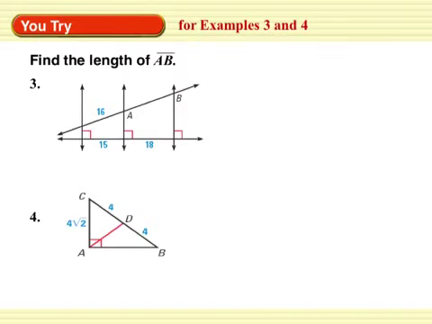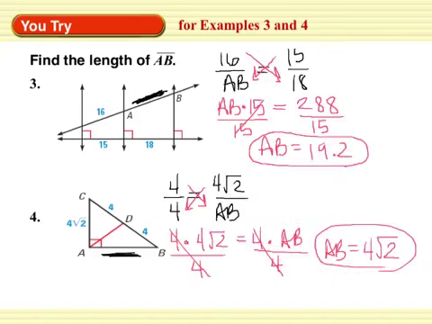You try. Find the length of AB. Okay, we don't have to add anything together this time. AB is that one. Go ahead and push pause and try this on your own. Okay, there we go. In this first one, I have 16 over AB equals 15 over 18. Okay, cross product.